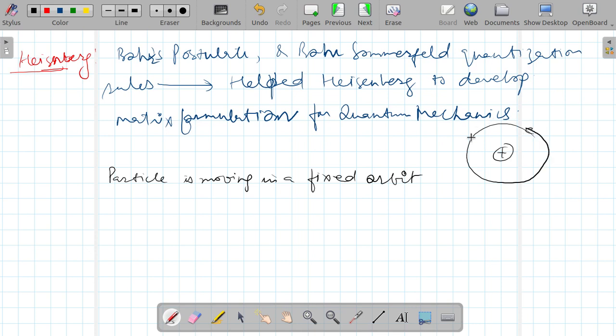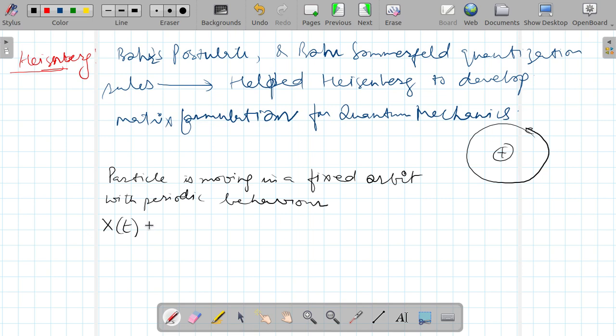In this way, the electron is moving in a fixed orbit with periodic behavior, and its motion is represented by x(t), and it is periodic.